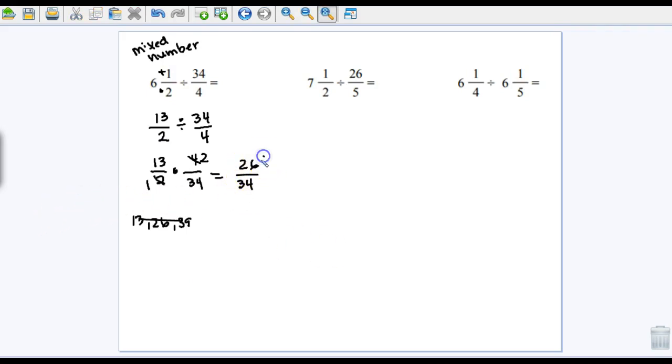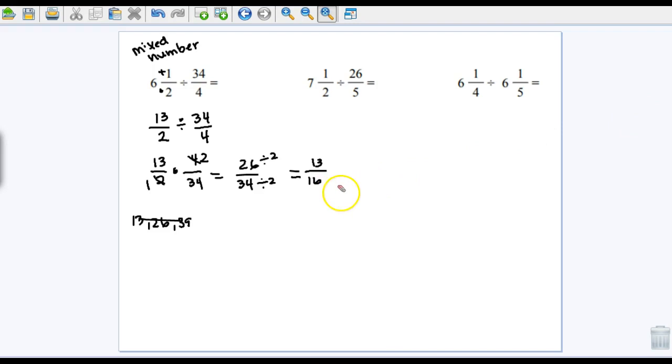I'm going to have to divide by 2. So if I divide 26 by 2, my answer is going to be 13. If I divide 34 by 2, my answer is going to be 16. Yep, 16. And this is my reduced number.